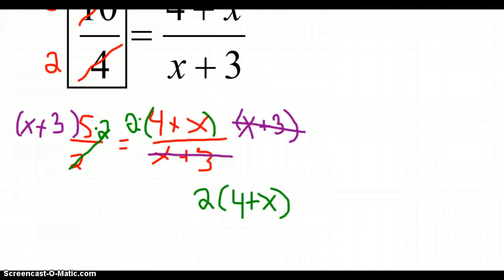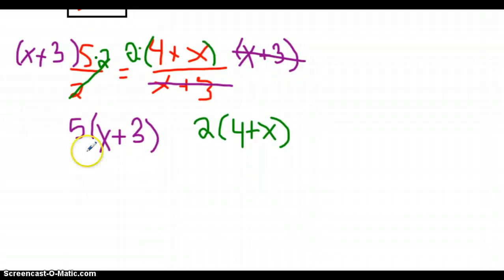And on the left side of the equation, I now have 5, again, that coefficient can go out front, times x plus 3. Okay, now what's left to do is simplify and solve.